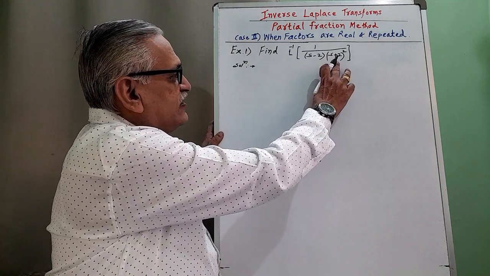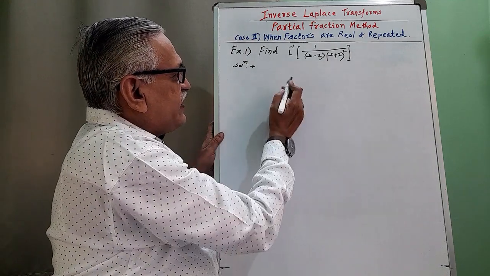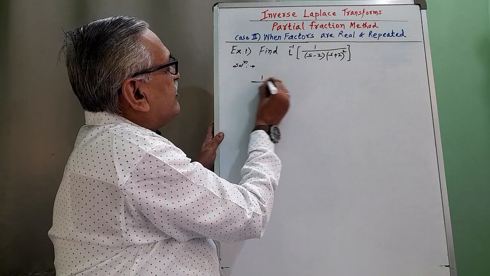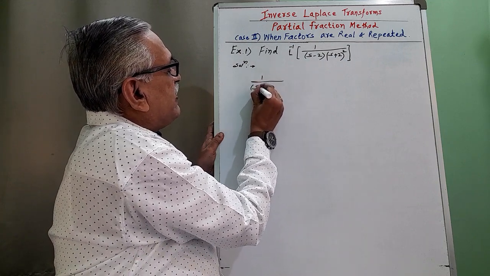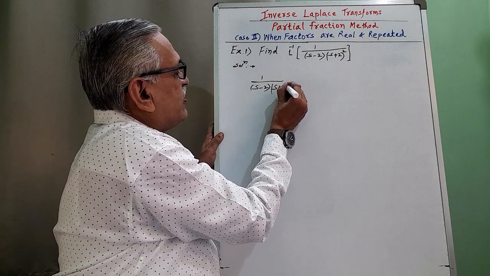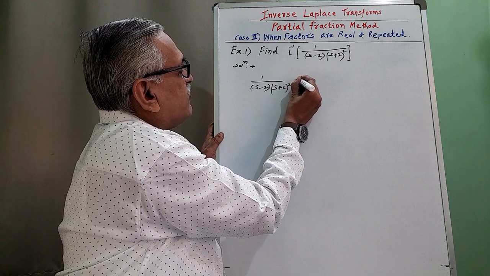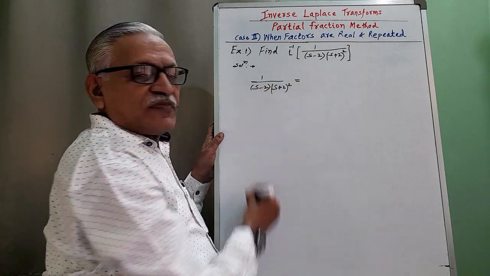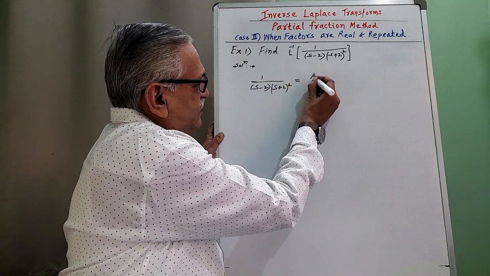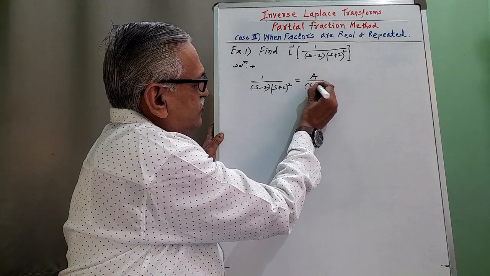Whenever the factors are real and repeated, the way to write the partial fractions is: 1 upon (s minus 2)(s plus 2) whole square is equal to, for the non-repeated factor, A upon the first factor, that is s minus 2.